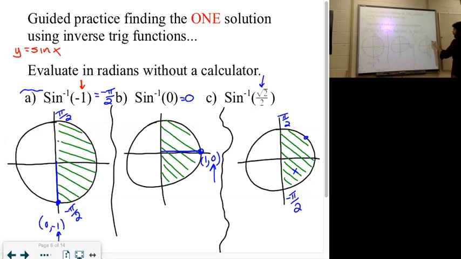It's going to be right here. This is the coordinate point (√2/2, √2/2). The y coordinate of this point is √2/2. So that's the angle we're working with. That should indicate a 45-degree angle or a π/4 radian measurement, and that's it. So π/4 radians.